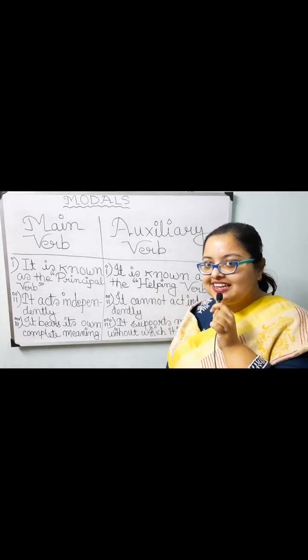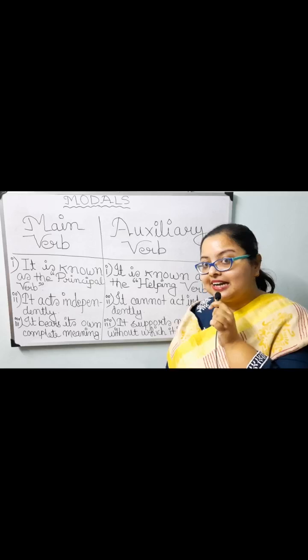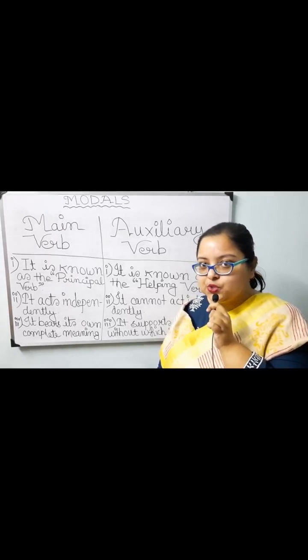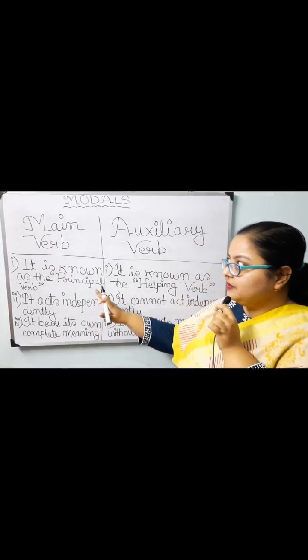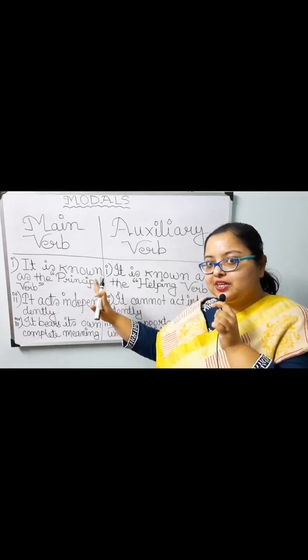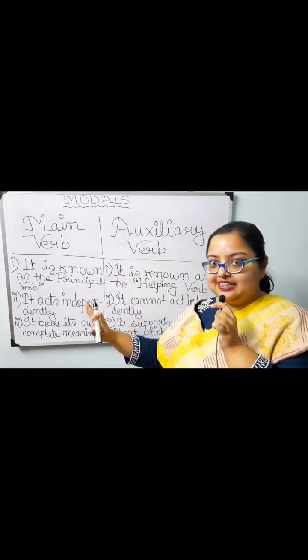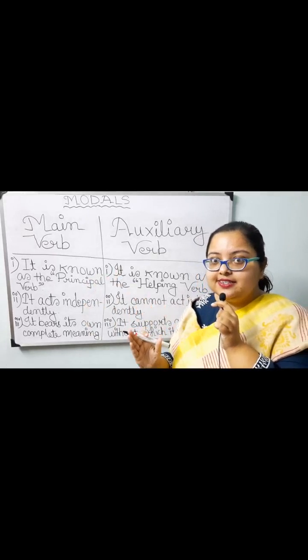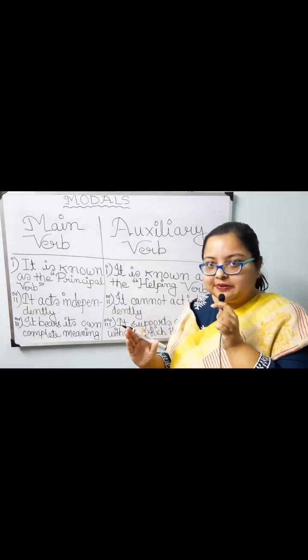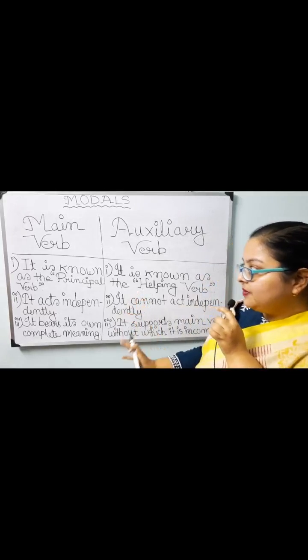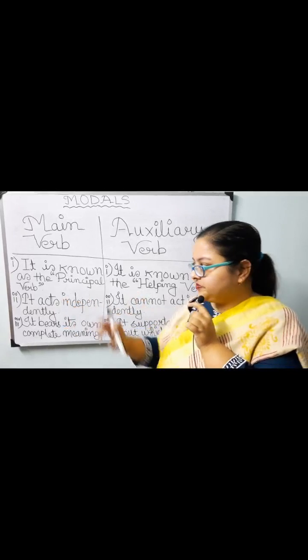She is considered the main head of your school. So here this verb is also used as the main word which bears its own meaning. So it is known as the principal verb.